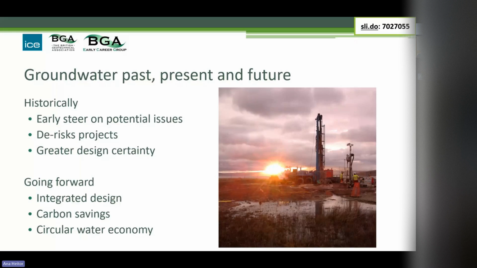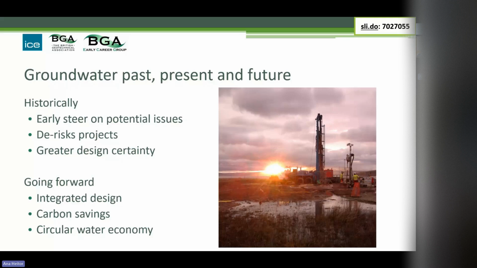But also going forward, we're going to have to address things like integrated design, how to properly carbon budget for projects. Simply throwing in a big concrete cut-off wall is not necessarily the right solution, because there's a huge amount of embedded carbon in doing that. Is there a more efficient way to exclude groundwater and manage it, manage it as a joined up system?